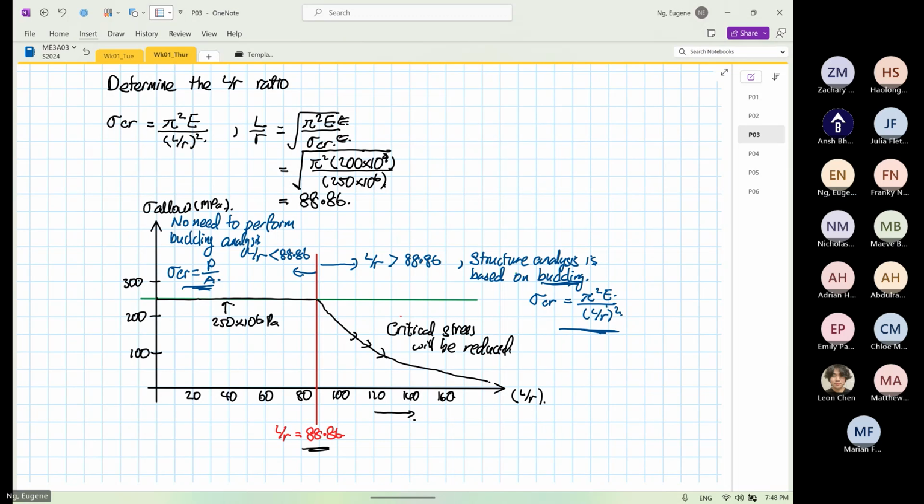So this is why this chart is important in this sort of analysis.